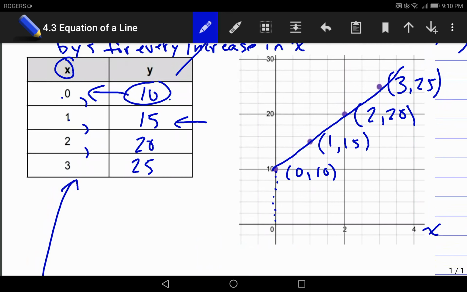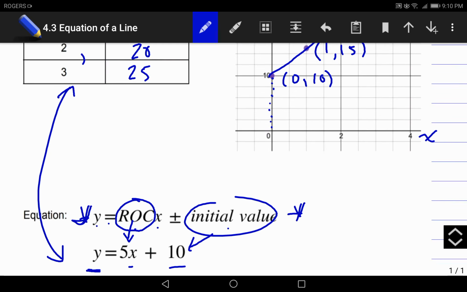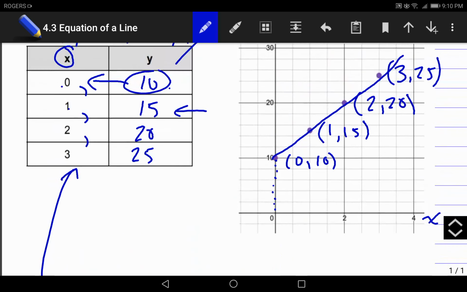My y value should be 5 times my x. So if my x is 1, 5 times 1 is 5. And then it says plus 10. So 5 times 1 is 5, plus 10, and what do you get? 15. So this equation works.